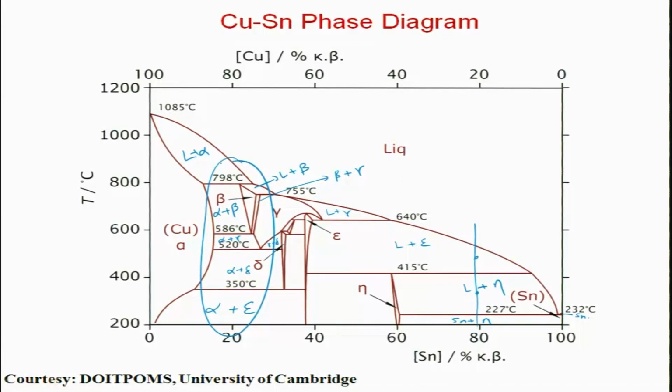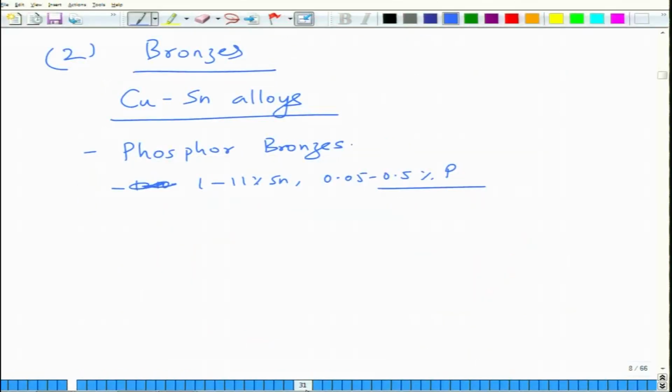So, you have a lot of bronzes: you have tin bronzes, you have silicon bronzes, phosphor bronze. So, basically tin bronze is the phosphor bronze. Okay.